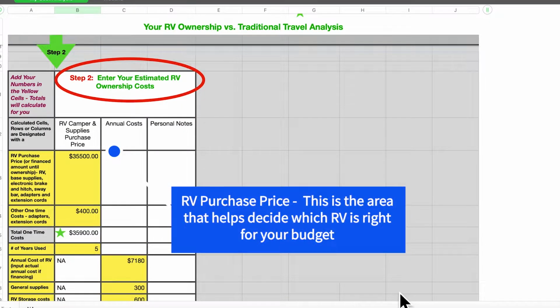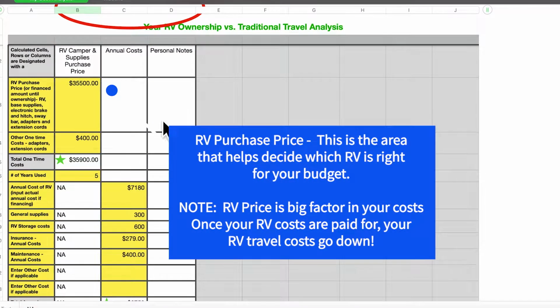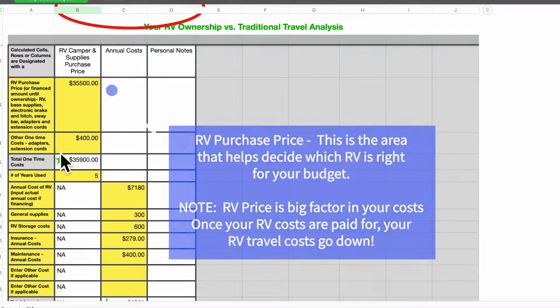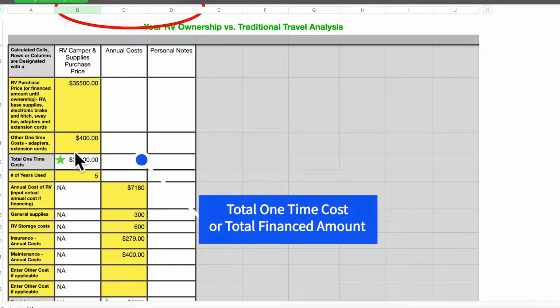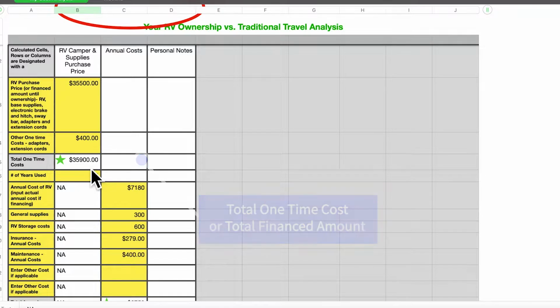Step 2 is where we're going to enter our estimated RV ownership cost. The first thing we will enter is our RV purchase price, or the entire financed amount over the life of the loan of the RV. Then we'll include any other one-time costs that we incurred at the time of purchase to come up with a total one-time cost to the RV. Then what we want to do is come up with what is our cost per year.